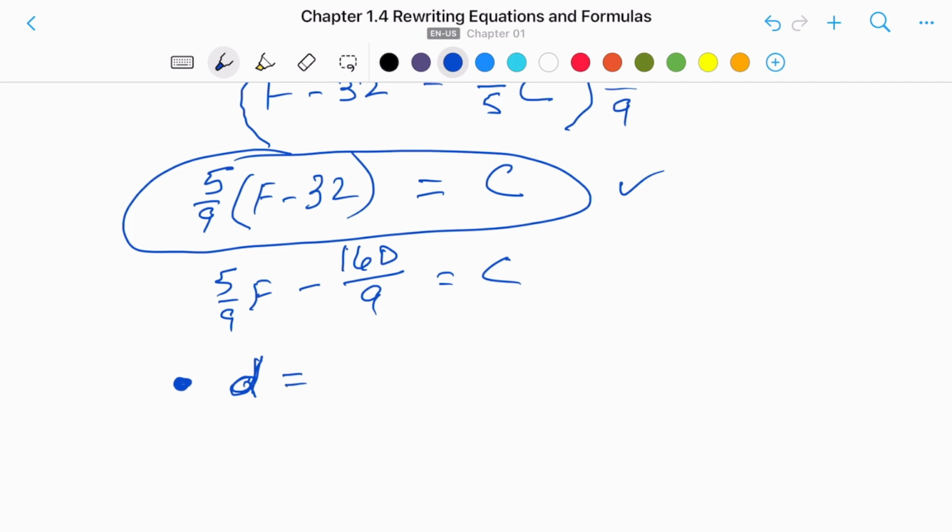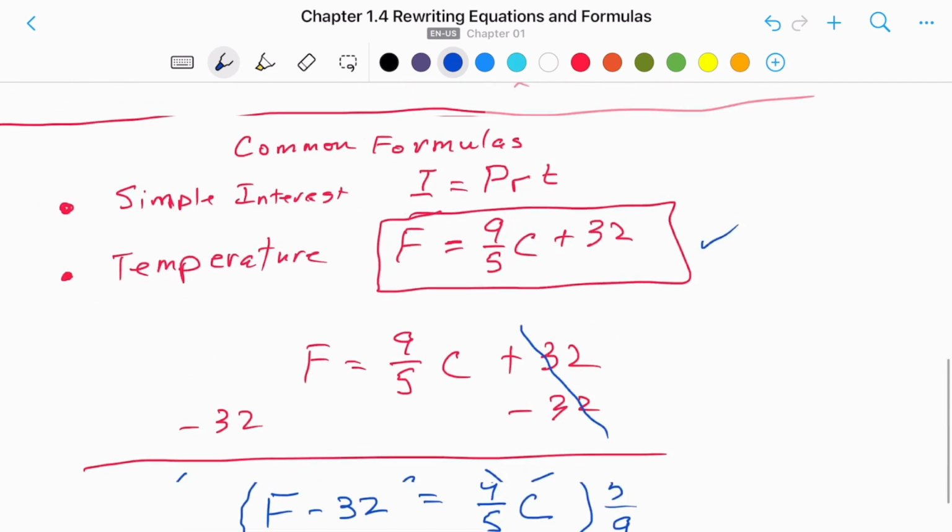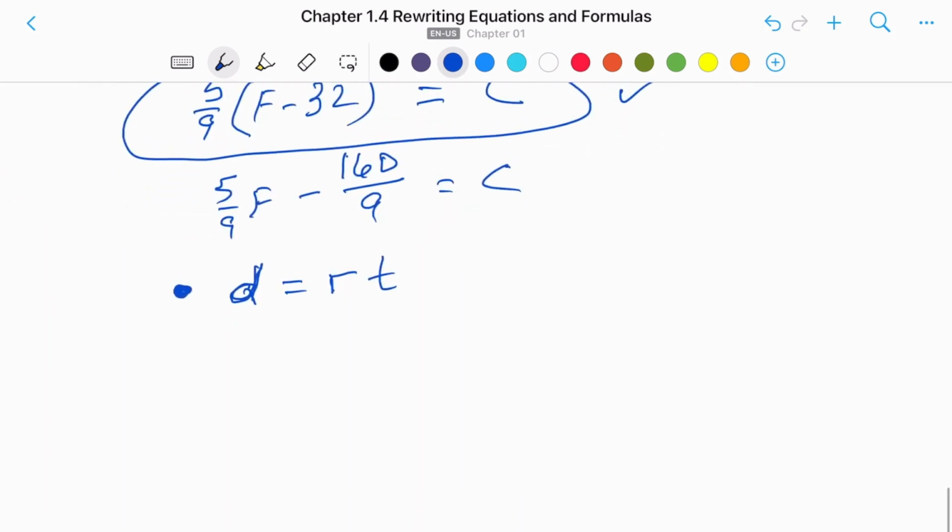If you're driving 60 miles an hour and you drive for 2 hours, you have a rate, the R, which is 60 miles an hour, and your time, which is 2 hours. Distance equals rate times time. And this is distance, by the way, and this is rate times time.